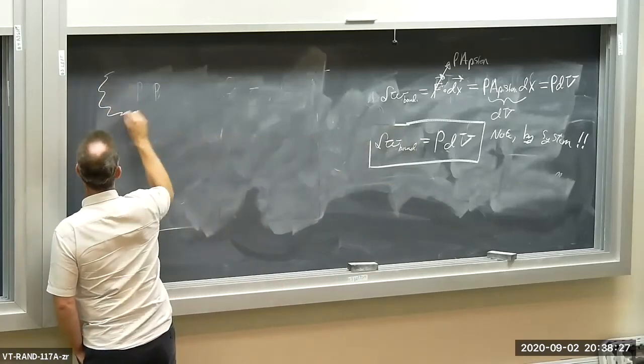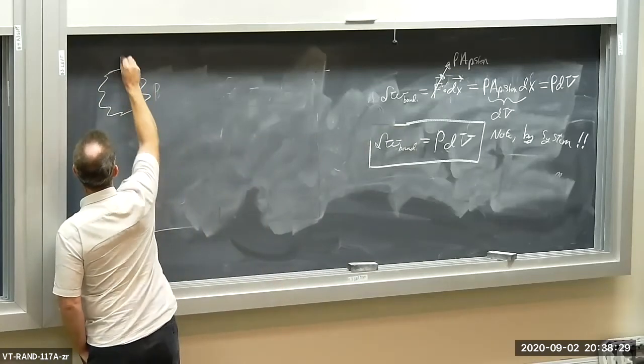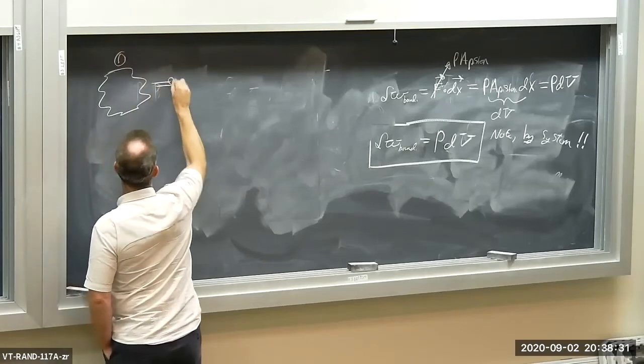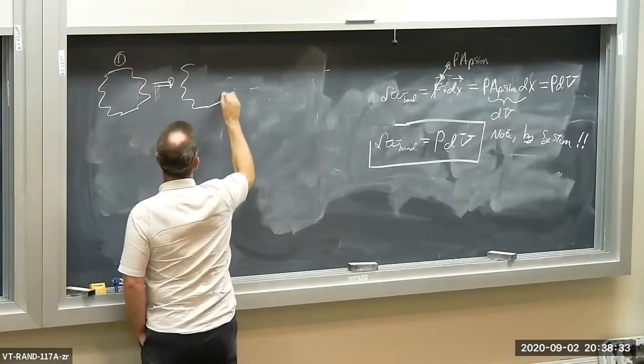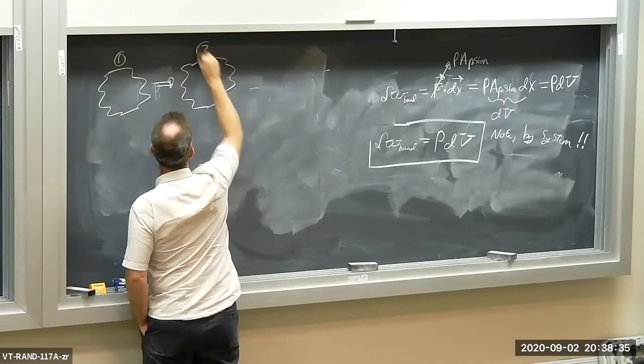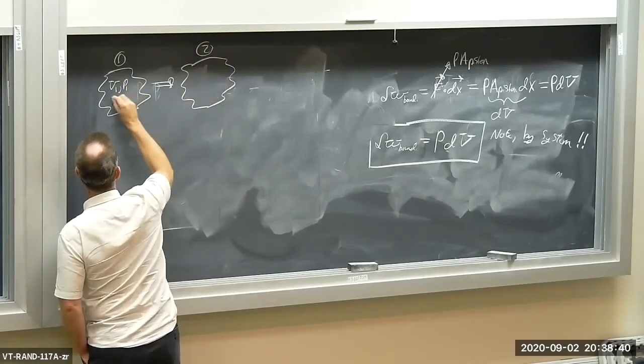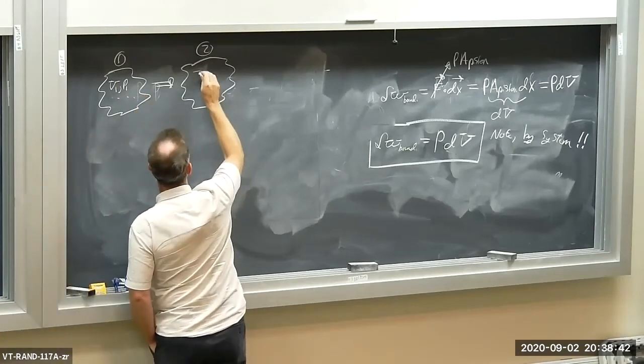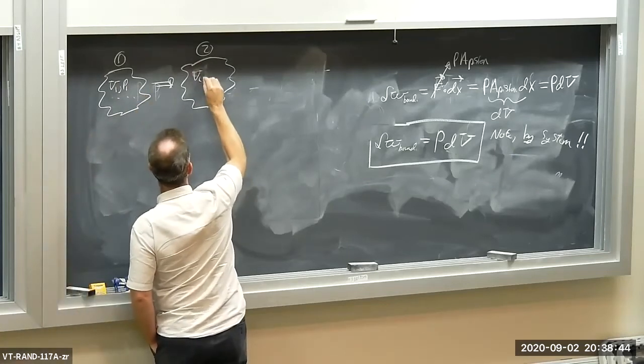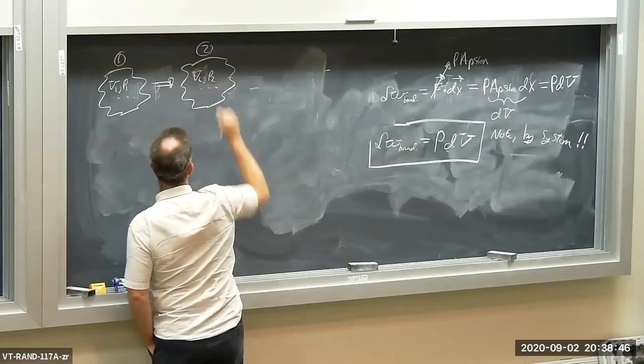So here's our system, some mass. We start off at state 1. And then we end up at state 2. Okay, I have a V1, a P1, bunch of stuff at state 1. And then I have a V2, P2, bunch of stuff at state 2.